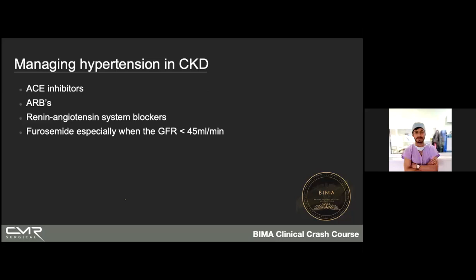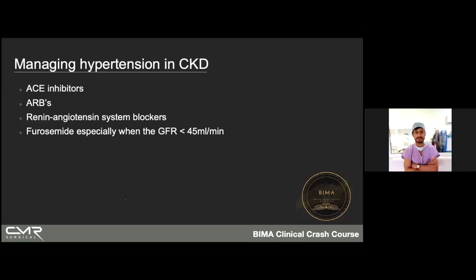But yes, you need a sartan, you need a pril, and you also might need a renin-angiotensin system blocker, or for example a renin antagonist as well, just to control the whole hemodynamics and the equilibrium.